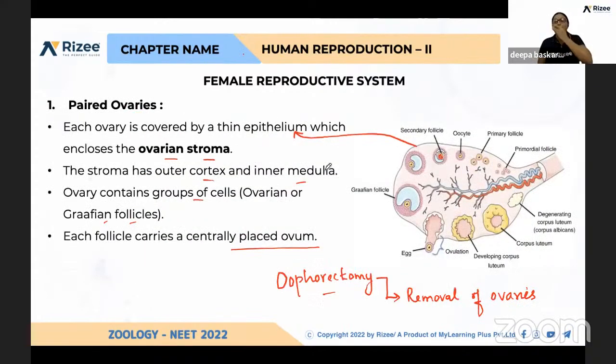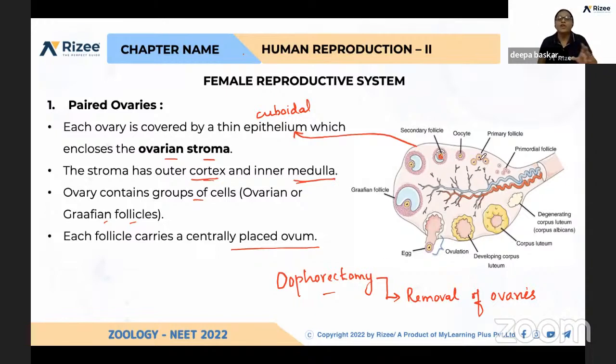If you come to the structure of ovaries, it has an outer covering, which is made up of cuboidal epithelium, and this covering layer covers the inner part of the ovaries, which is called the ovarian stroma. That stroma consists of two parts: one is cortex and another one is medulla. The outer part is cortex, the inner part is medulla.